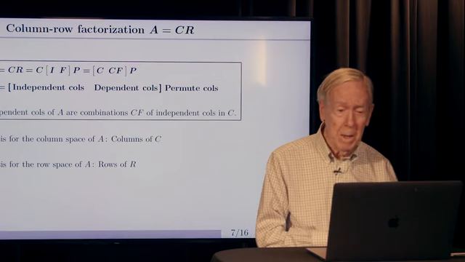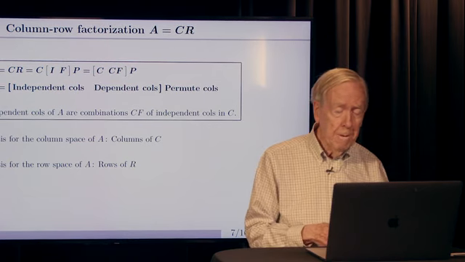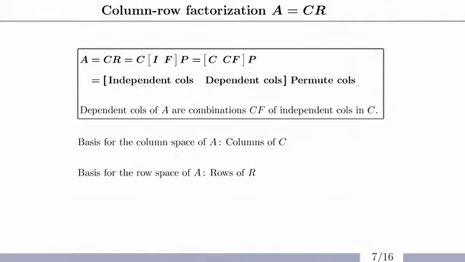Now you're seeing the new start, this C times R. So that's what I'm suggesting, that if you give me a matrix, the first thing I would do would be to find independent columns. Those would go into C. And then the matrix R, well, we've seen the matrix R, and that would tell me the combinations of those C columns to get A.